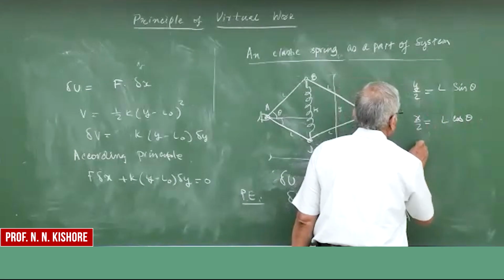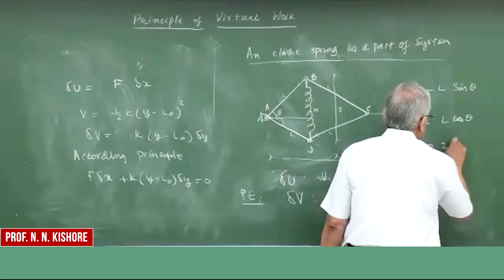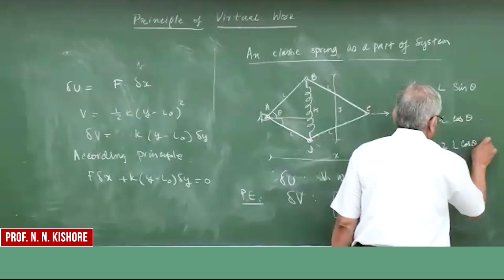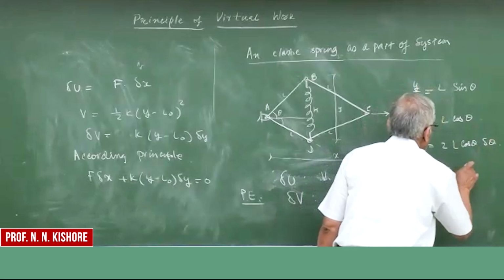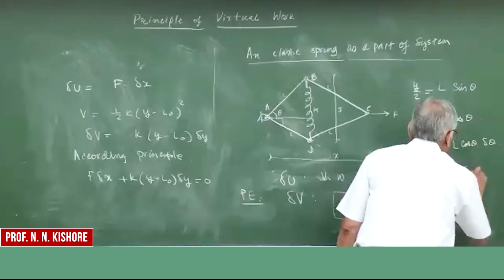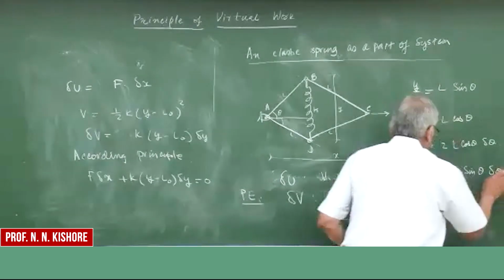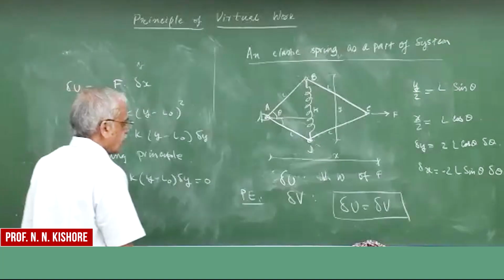So you can take delta Y as 2 into L cos theta delta theta, and delta X as 2L sine theta delta theta. So everything we're trying to put in one form.